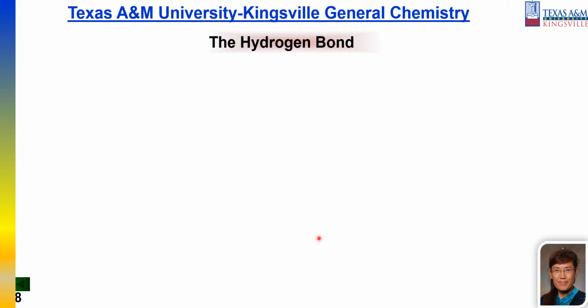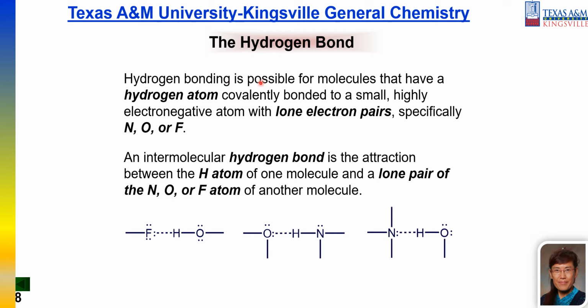Now about your hydrogen bond, particularly we want to mention it. Hydrogen bond is possible for molecules which have hydrogen atoms. These hydrogen atoms are covalently bonded to a small, highly electronegative atom such as oxygen, nitrogen, or fluorine. So you also have electron lone pairs, such as in your water, oxygen has lone pairs.